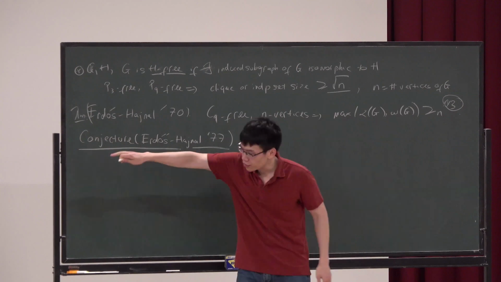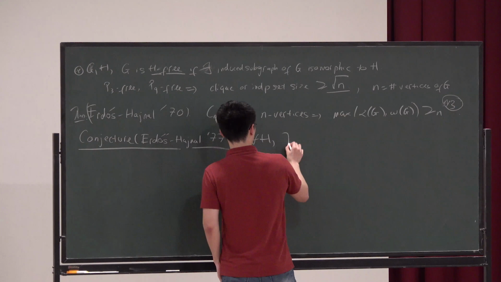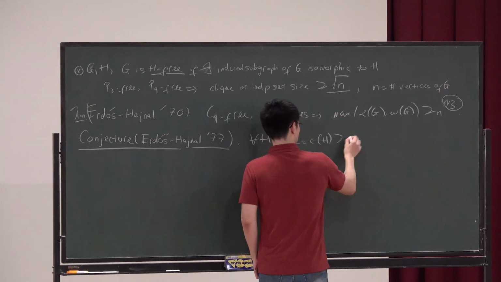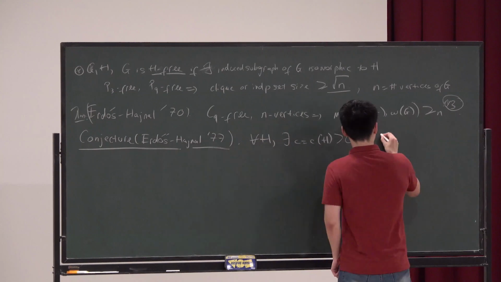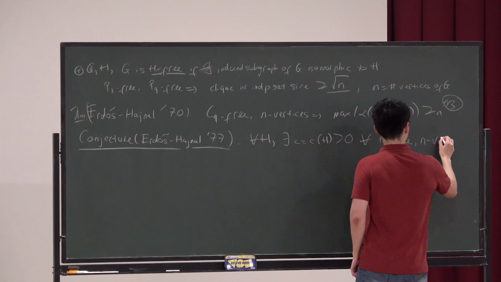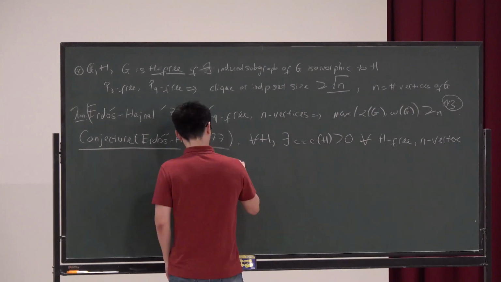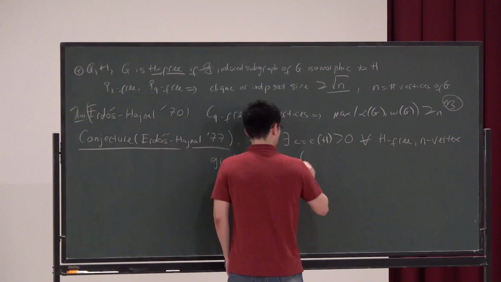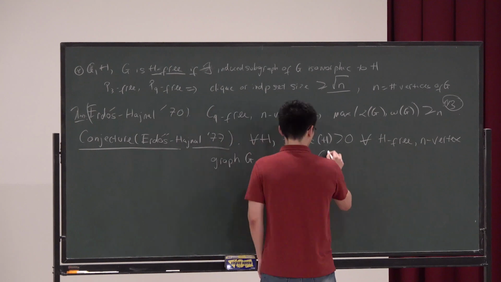So the conjecture formally says: for every graph H, you can find some c positive, maybe small, but depending on H only, such that for every H-free n-vertex graph G, you can always find a clique or independent set in G of size at least n to the c.